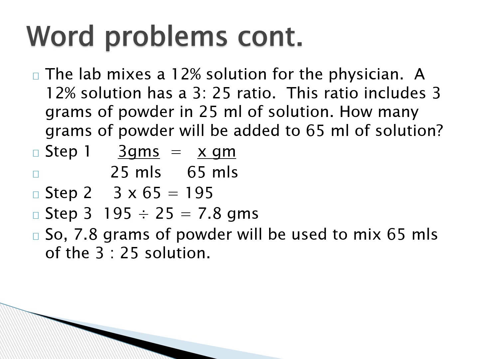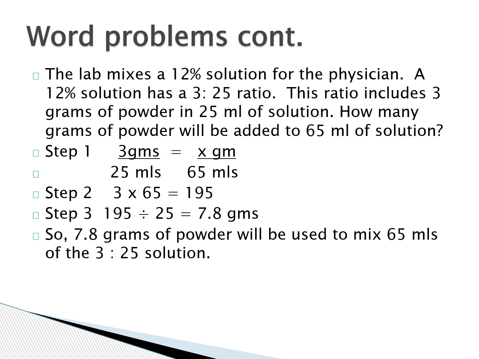So we're asked how many grams of powder will be added to a 65 ml solution. You still have this 12%, so your percent solution hasn't changed because you're having equal ratios, or proportions.